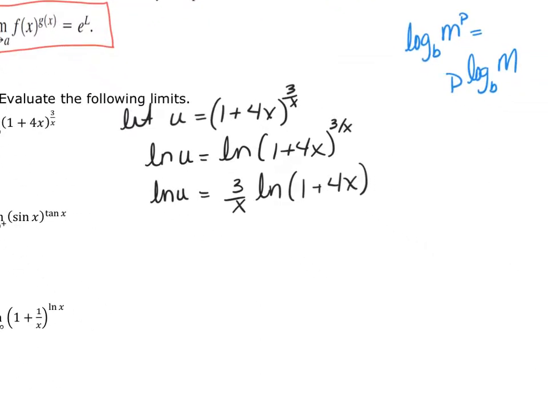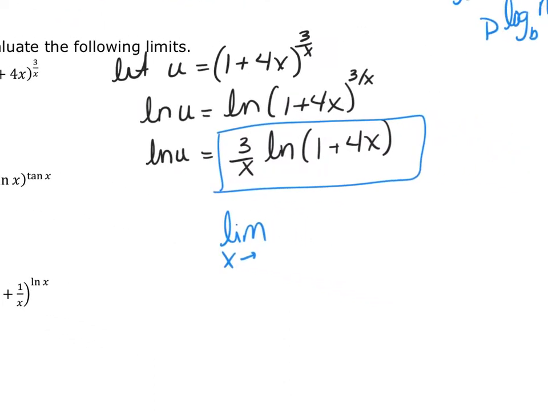So if I take only this portion of it, and I do the limit as x approaches, and in this case I was approaching 0, so make sure that you pay attention to what your limit was going to, the limit as x approaches 0 of 3 over x, the natural log of 1 plus 4x.